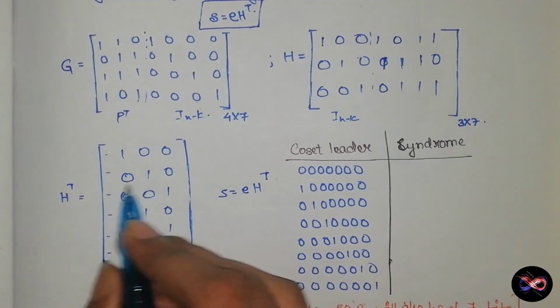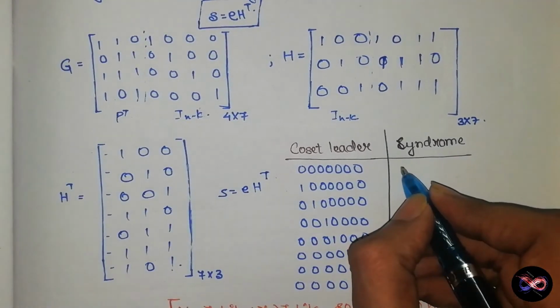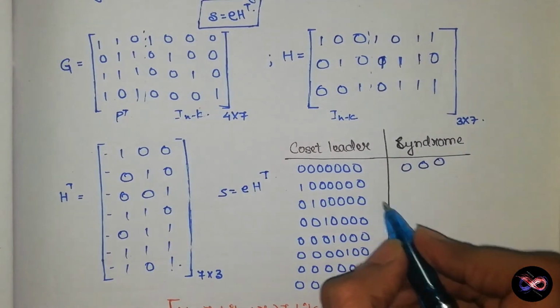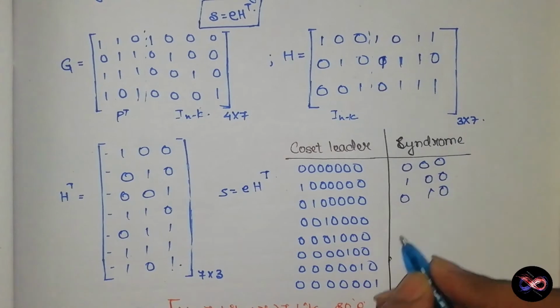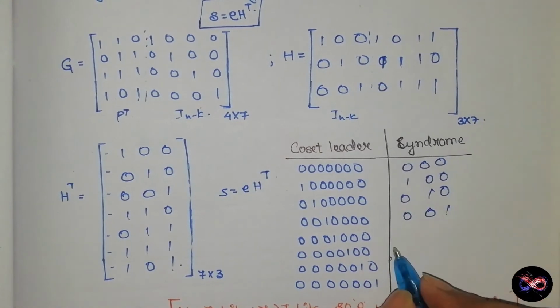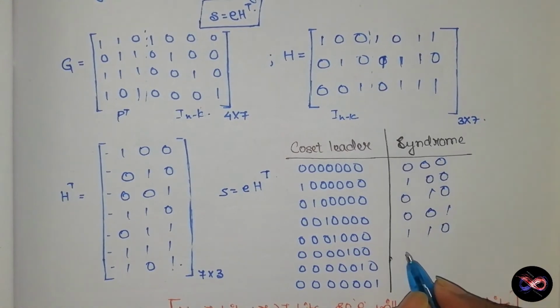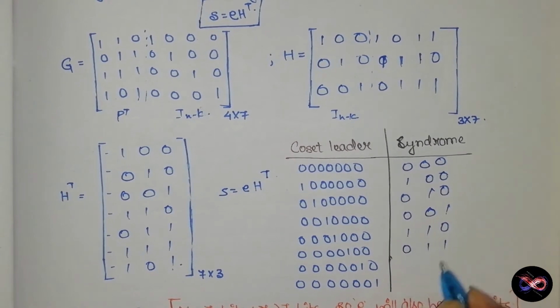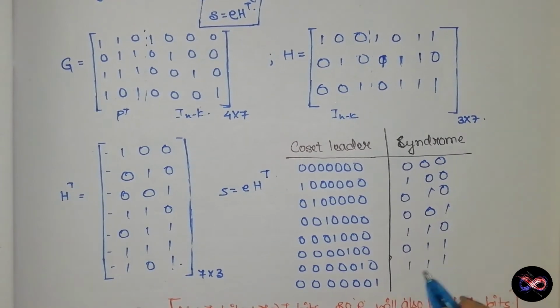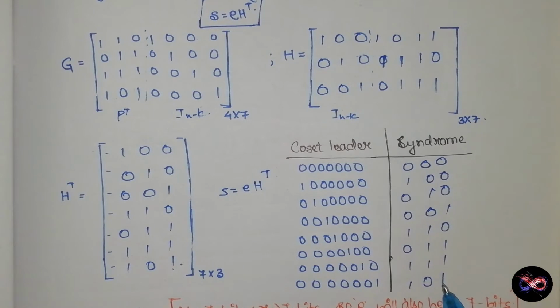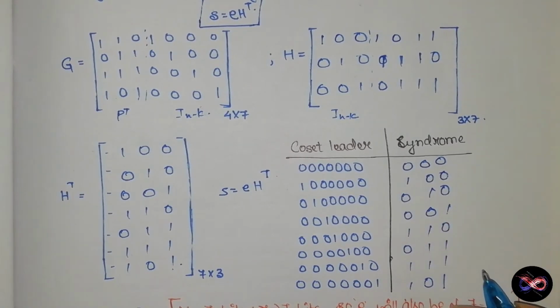If you multiply both, you will get the syndrome as 0 0 0, next will be 1 0 0, so we will get these values of syndrome. You can check it yourself.